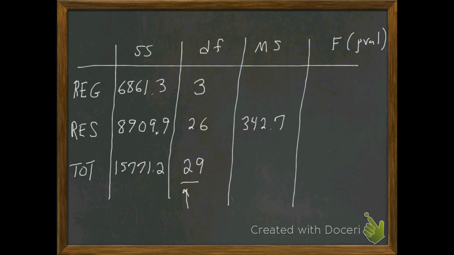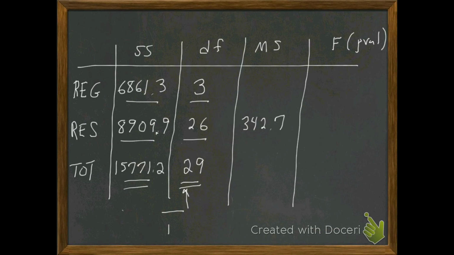What you can gain from this is that the degrees of freedom for the total will always be n minus 1, regardless of whether the number of predictors is p minus 1 or k. Remember, sum of squares for regression and sum of squares for error residual are additive, so this number plus this number must equal this number. Likewise, degrees of freedom are additive, so this number plus this number must equal that number.